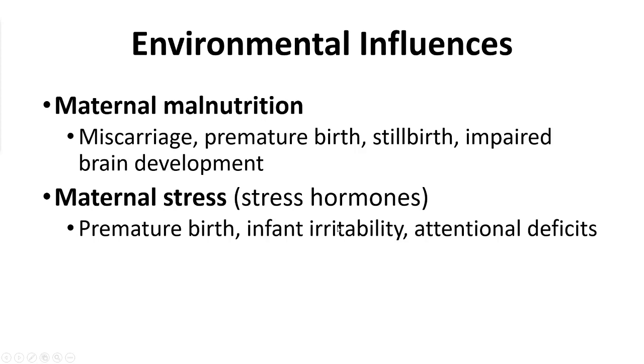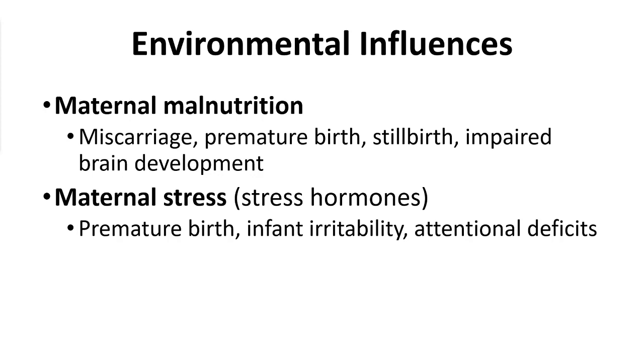And then to wrap up, we can talk about the last couple of environmental influences that the textbook mentions, and these are maternal malnutrition. So basically the mother doesn't have proper nutrition if they don't have access to lots of nutrients that they can then pass on to their growing fetus. The risks are miscarriage, premature birth, stillbirth, impaired brain development.